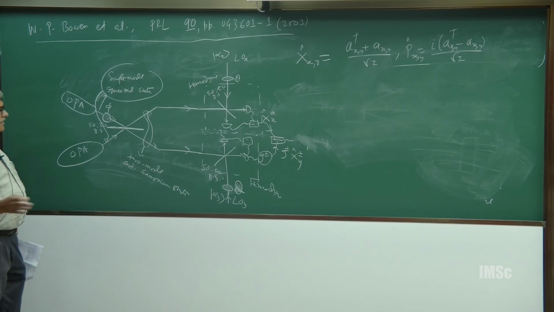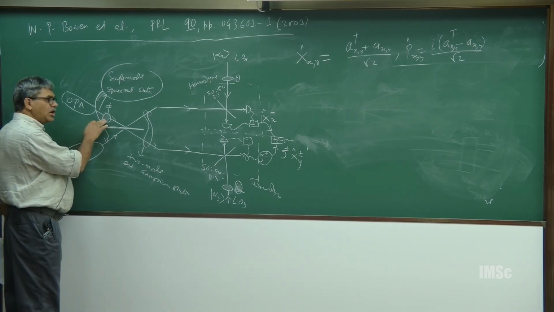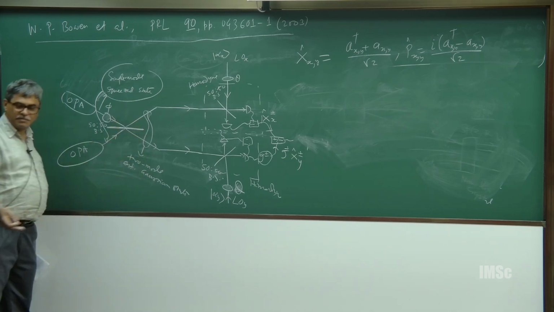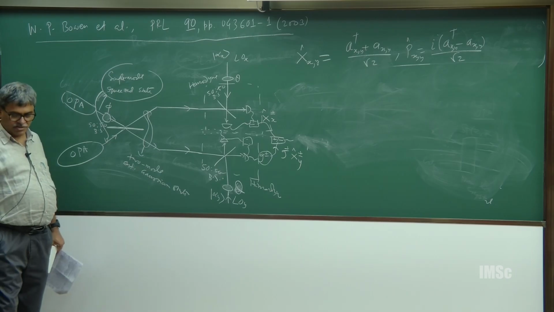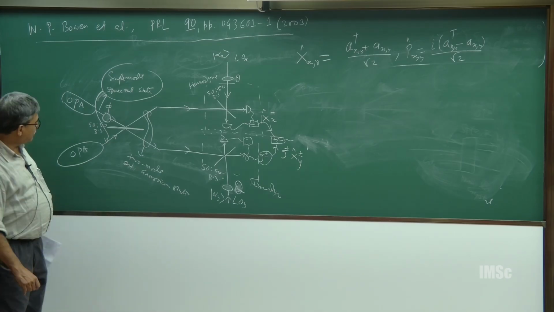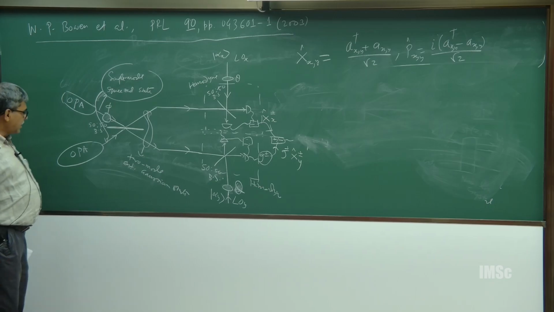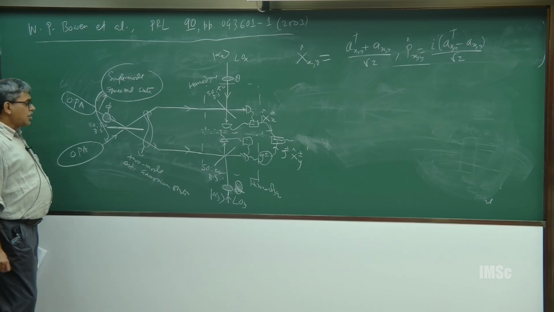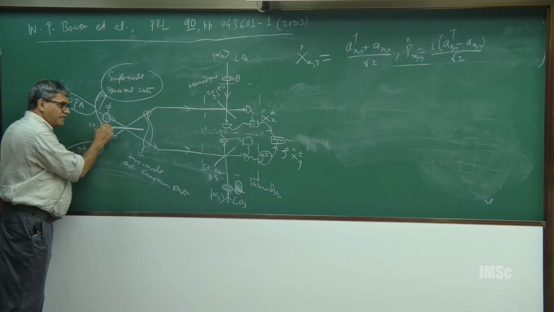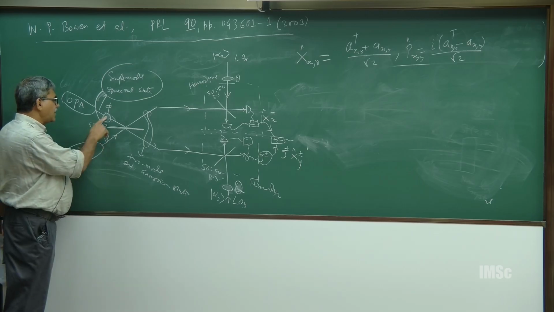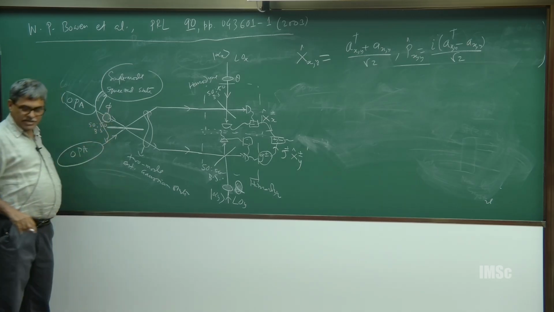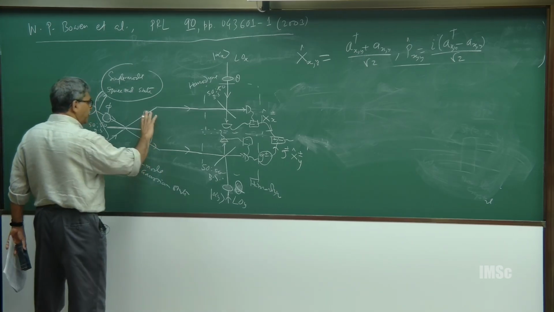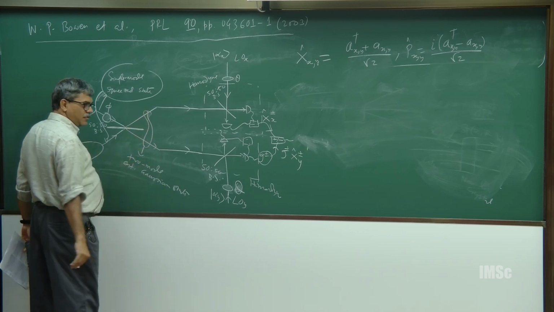No, I am saying that introducing this phase may change the amount of entanglement, but it cannot make an entangled state separable or a separable state entangled. Actually, it does. If you are dealing with Q and T quadratures, and both of them are squeezed in the Q direction, then the output is not entangled at all. No, in this case this is phase and amplitude quadrature. By choosing phi properly, you can of course change the amount of entanglement, that is not an issue.